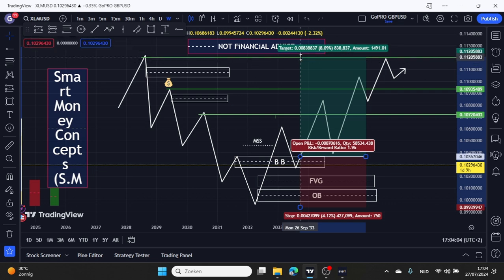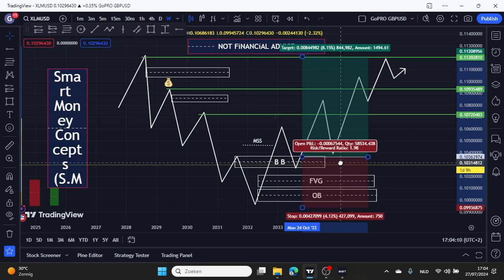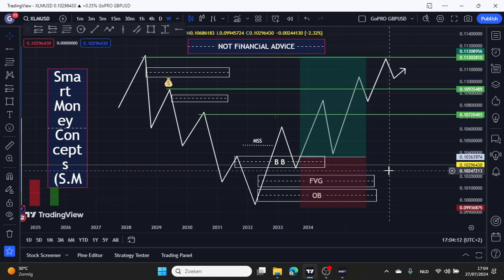And then you can see we still have the risk reward. Here you can check that of 1 to 2. That's good because if you're going to count the pips, you're going to see that we get a lot of pips out of the market. This is on the weekly time frame, so counting this on XLM USD would be useless. But in the Forex market, you would see on the 5 minute charts, we could easily go to 20, 25 pips.